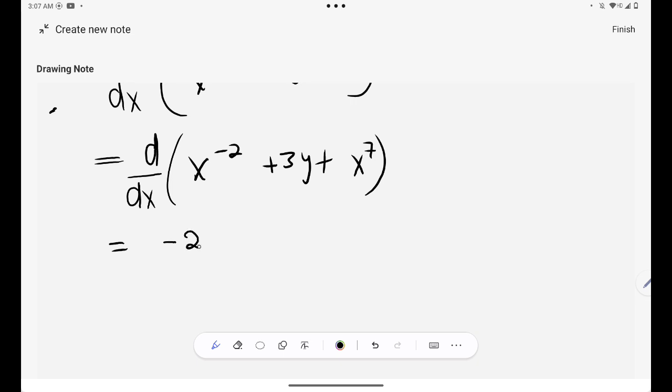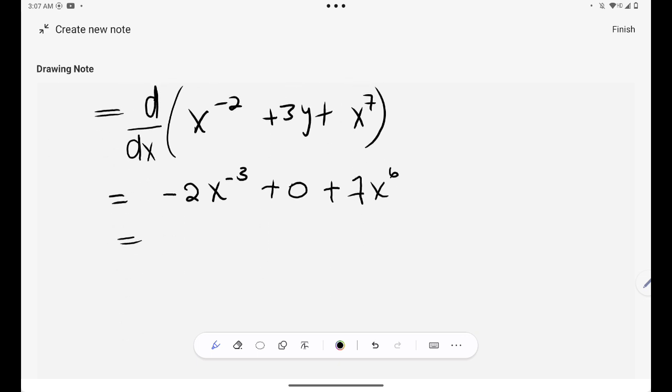So I'll simply say this will give me negative 2x to the power negative 3, because I still have to subtract 1 there. This one will give me 0. The derivative of a constant is 0, plus 7x to the power 6. I can leave my answer like this, or I can write it with positive exponents.